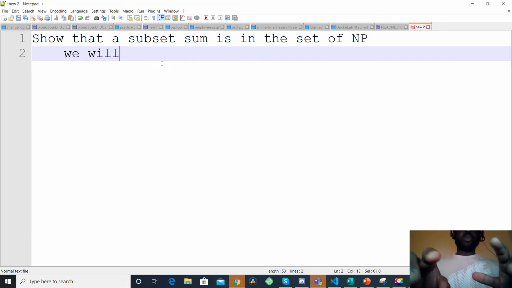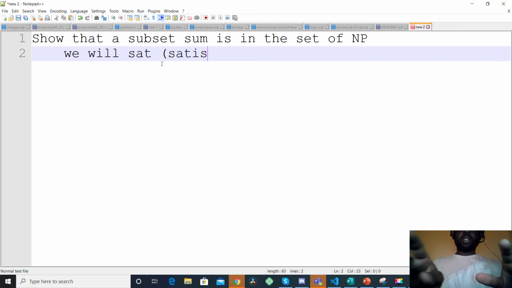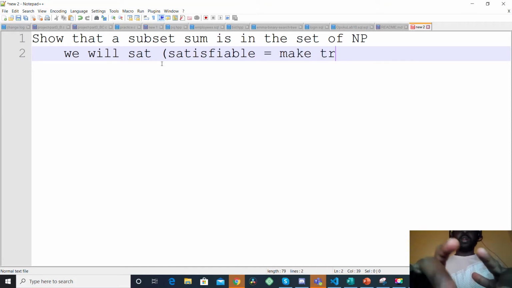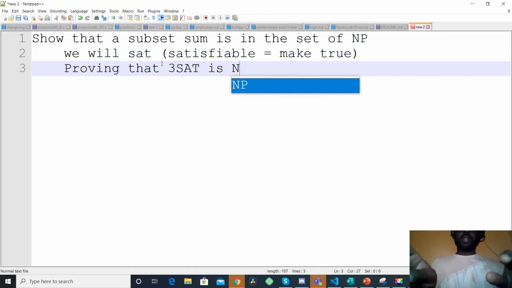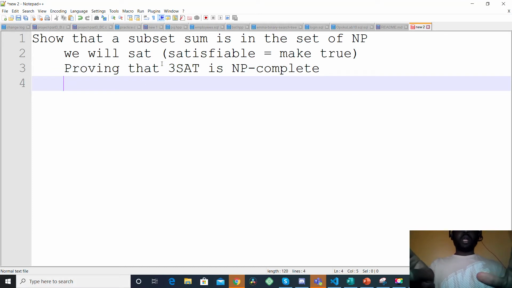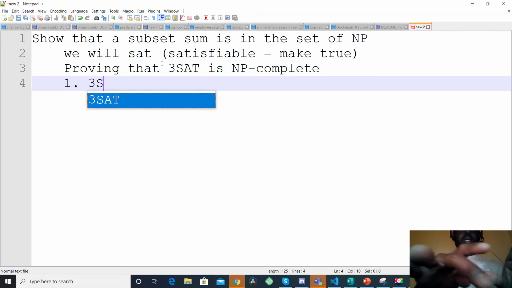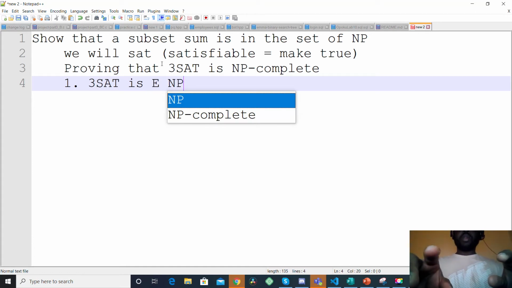We use a certificate, a subset that makes it true. Similarly, proving that 3SAT is NP-complete, the first step is to show that 3SAT is in the set of NP.